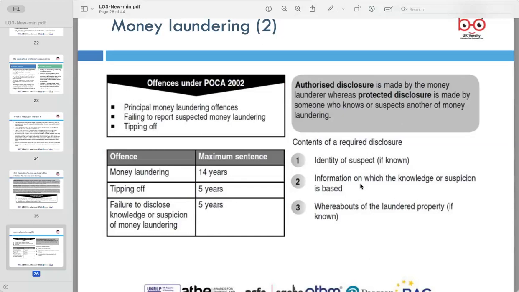These reporting obligations aim to enhance transparency and enable law enforcement agencies to investigate and prosecute money laundering activities effectively.